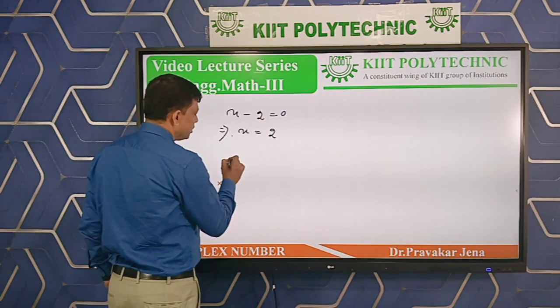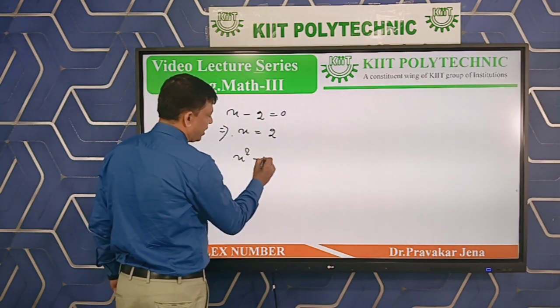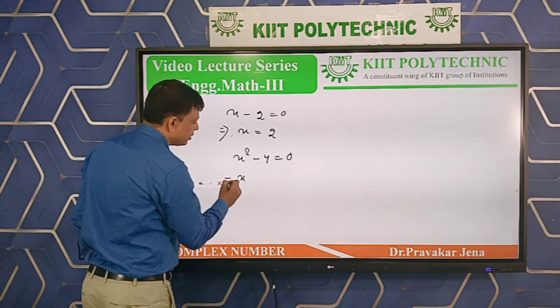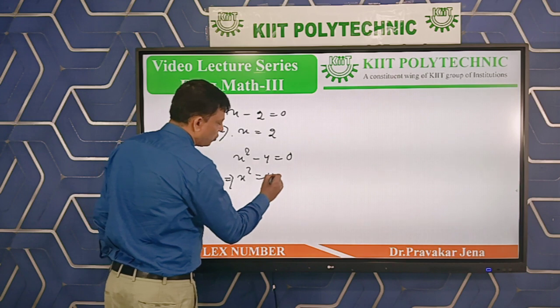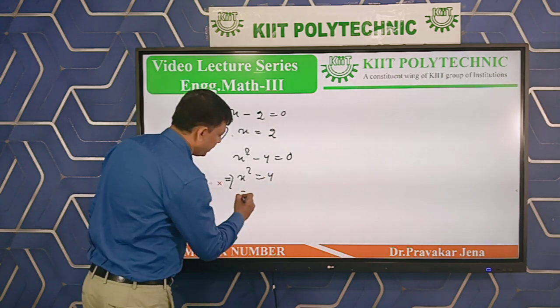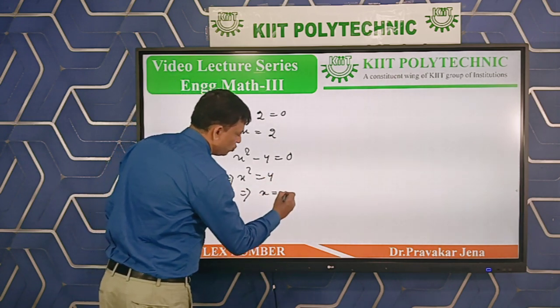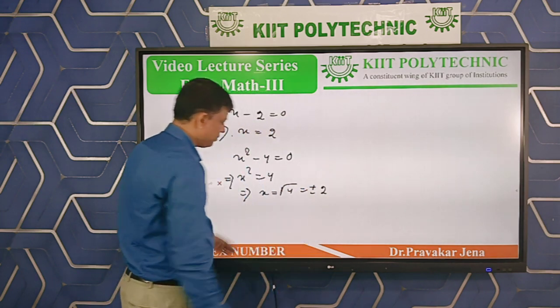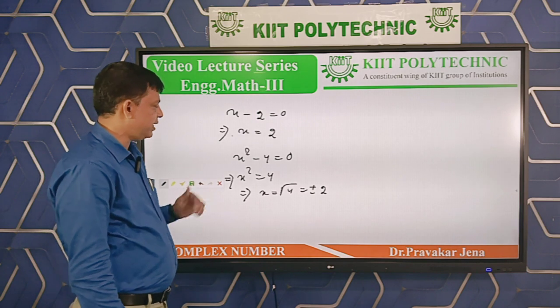But if the equation is x square minus 4 equals 0, it is a quadratic equation, then x square equals 4, and this implies x equals root over 4, which is plus or minus 2. That means it gives two values, one positive and another negative, due to the quadratic equation.